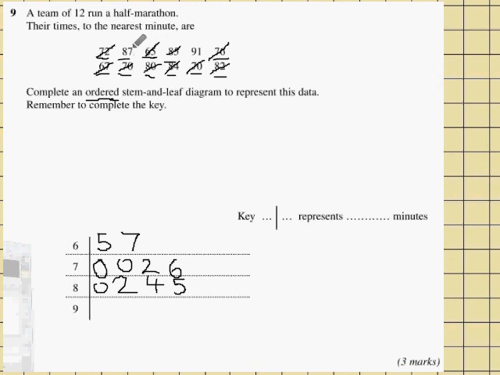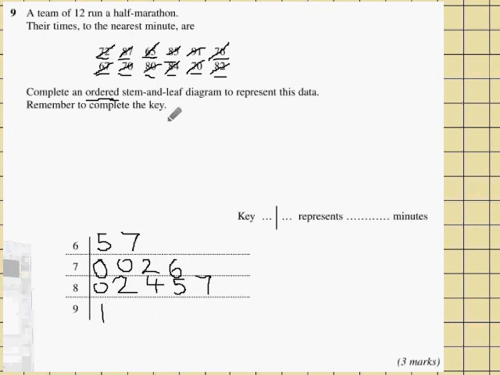Lucky for me, that's bigger. So I can do 7 at the end. If that was something like 3, I would have to write it here in between the 2 and 4. I got lucky. And now I just need to look at what we've got left. We've only got one number left, and that's 91. So in 90, I just write a 1, and I'm finished my diagram.